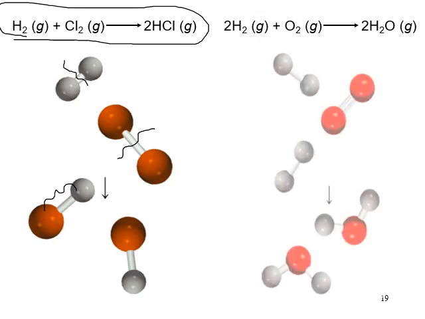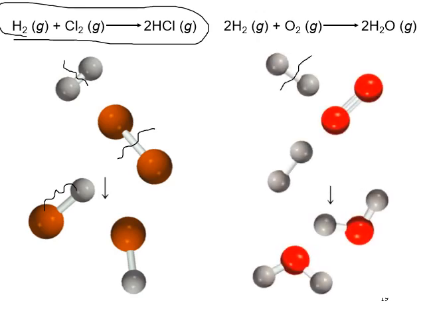Same thing with water. Hydrogen bonds have to be broken, oxygen bonds, but they're double at this point, have to be broken. And that's why you have to know what your Lewis structure is. We have to draw our Lewis structures in order to do these problems. And then OH bonds are made, and there's 4 of them. Over here, there were 2 HCl bonds made.